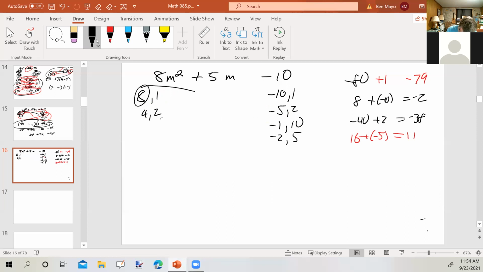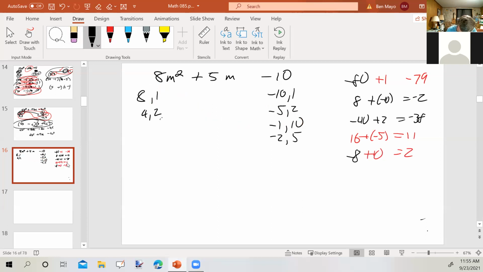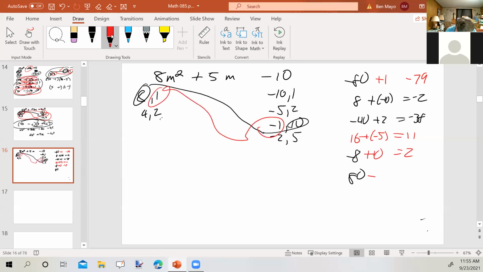So now we're going to take this one with that one, which is negative 8. That one with that one, which is 10, which is 2. So that doesn't work. Isn't this fun? Then we're going to take 8 with the 10, which is 80. 1 with the negative 1, which is negative 1, which is 79.